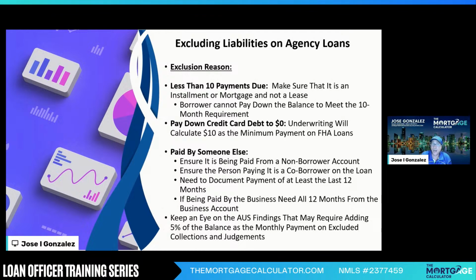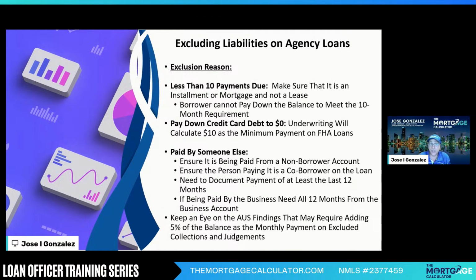On a conventional loan, it will be zero if it's a zero balance, and then you do a credit supplement to show the new statement showing the zero balance.